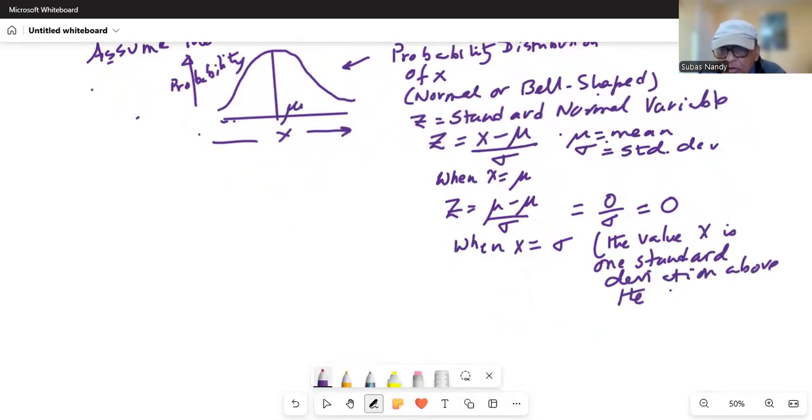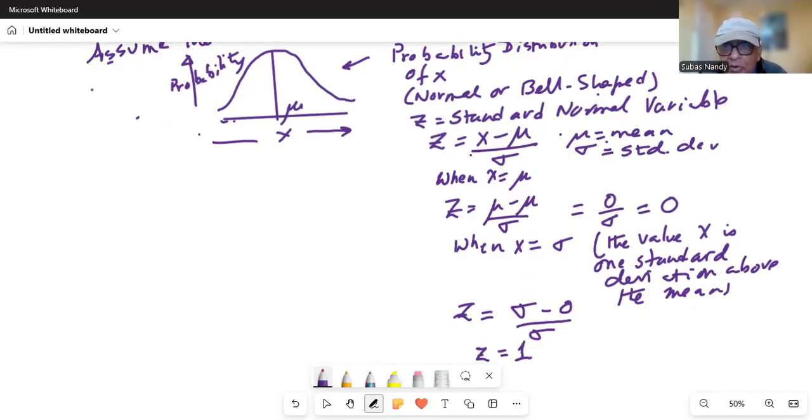The z-score is positive. We already know mu is 0 for the standard normal, so z is equal to sigma divided by sigma, or z when x is equal to sigma is equal to 1.